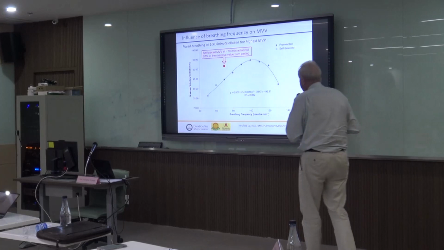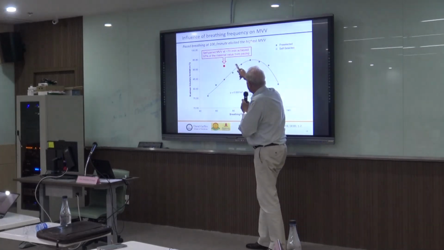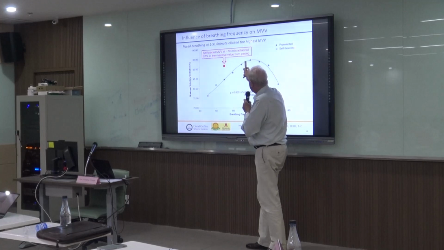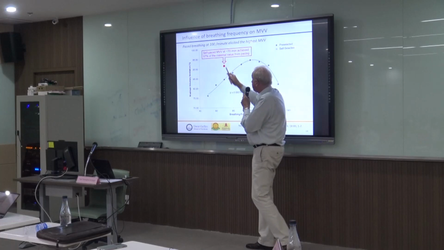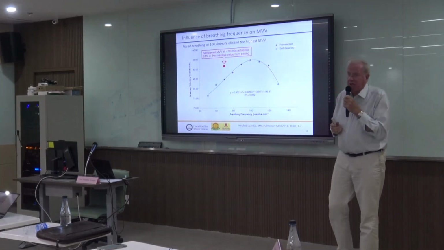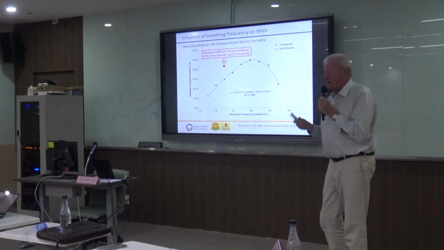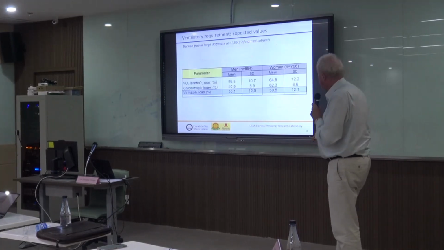It turns out that the patients achieve about 97% of the maximal value with self-paced breathing at about 70 breaths per minute. So something in between 70 and 100 breaths per minute is ideal for measuring maximum voluntary ventilation.